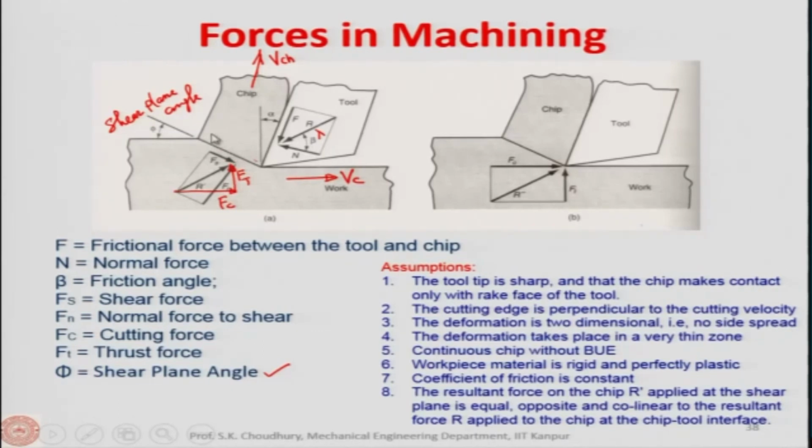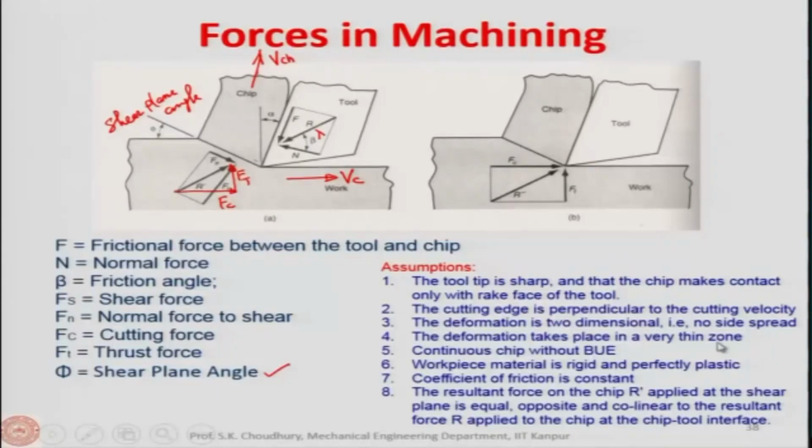2 dimensional means again the cutting edge is absolutely straight and it is perpendicular to the cutting velocity. So, if the cutting edge is perpendicular to the cutting velocity, deformation has to be 2 dimensional, that is no side spread. Note, the chip will be flowing exactly perpendicular to the cutting edge and it will not be inclined to any side of the normal to the cutting edge.